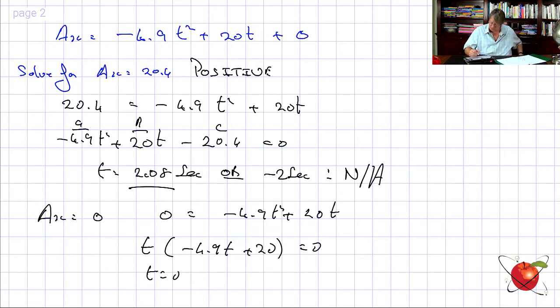Therefore, t equals 0, or t is going to be equal to 20 over 4.9. Let's just quickly do that. Okay, t is equal to 20 divided by 4.9, which is 4.08 seconds, okay? So therefore, where are we?